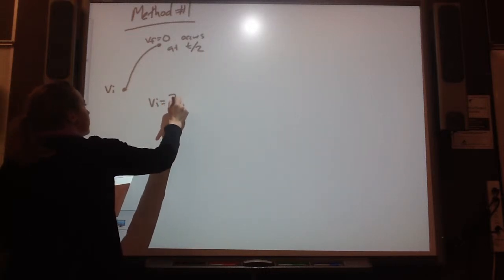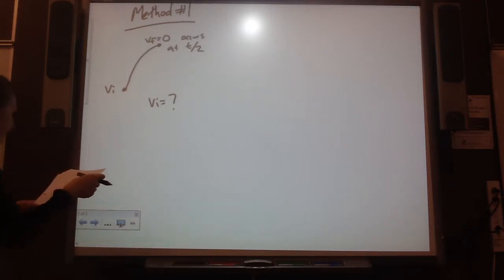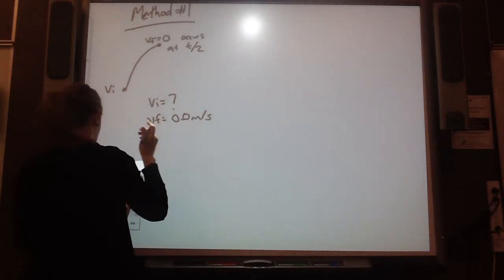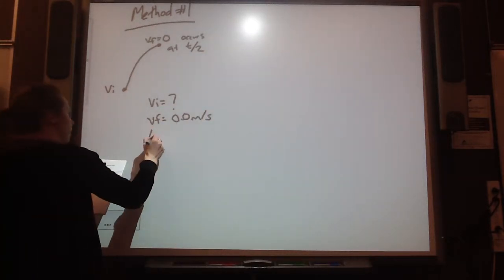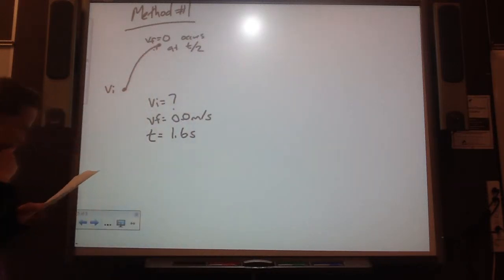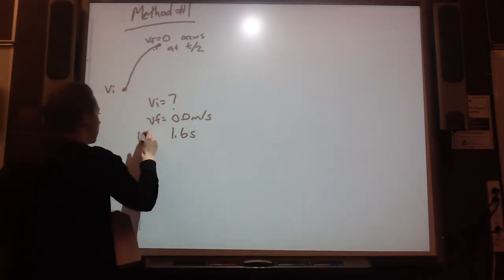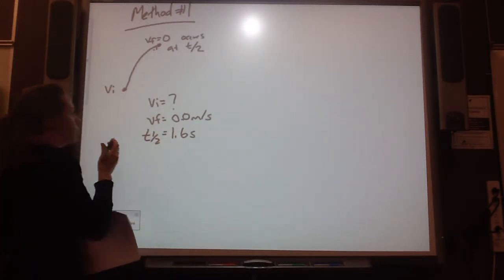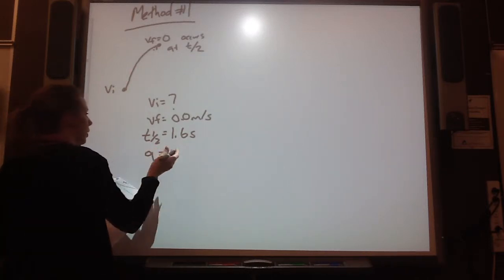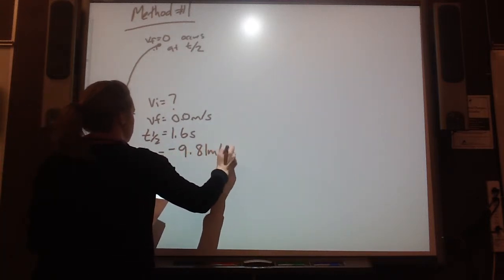VI is what I'm looking to find. What is my velocity as it's being released? I know that my VF is equal to 0. I know that t half is equal to 1.6 seconds. And since I'm throwing it up, I refer to the acceleration as negative 9.81 meters per second squared.